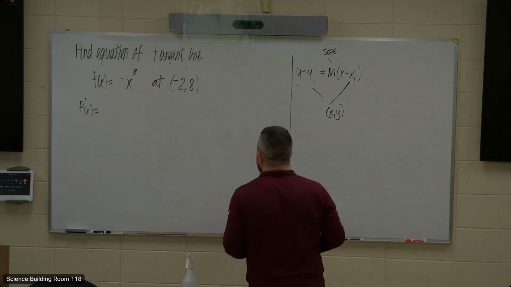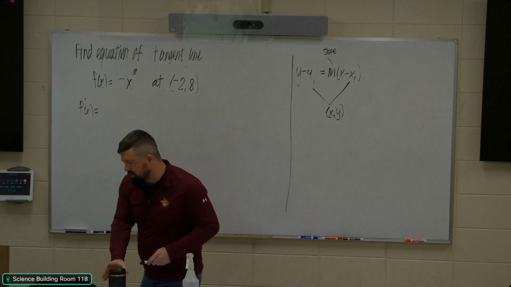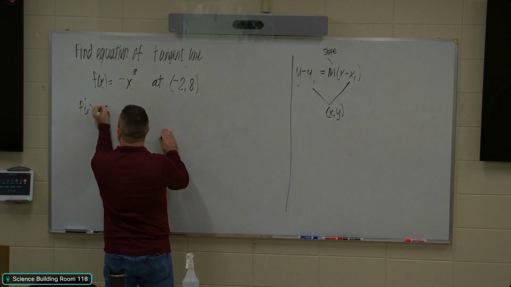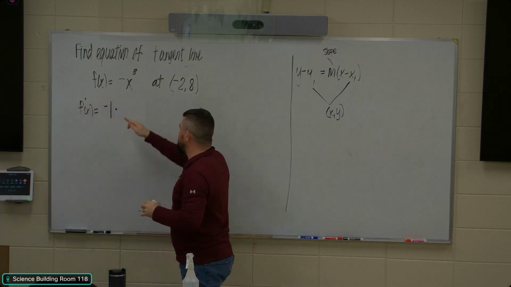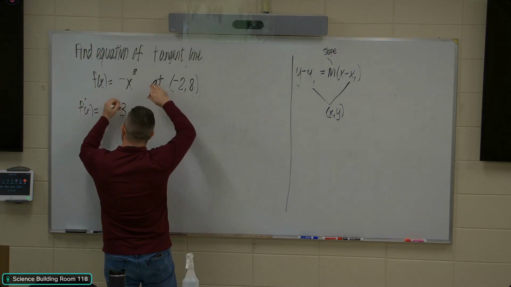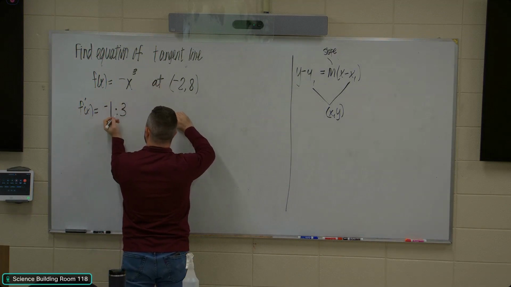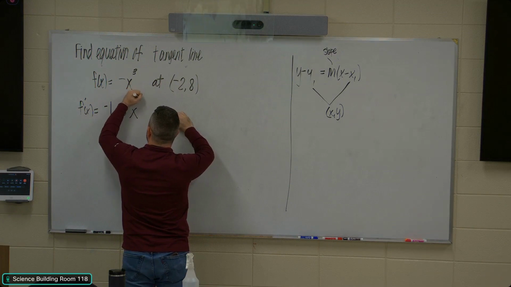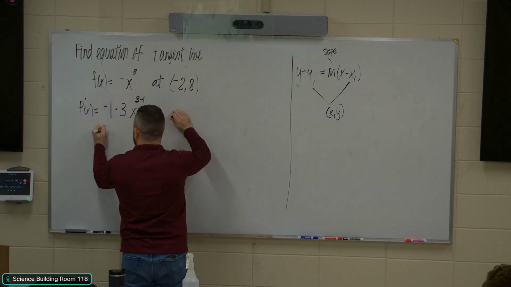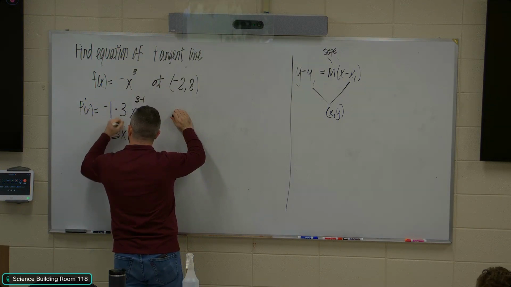Okay, so the derivative of negative x cubed. Remember, you have the negative 1 out front, that constant. So we just copy it, bring the power 3 down to the front. So you're saying negative 1 times 3, your variable, raised to the power of 3 minus 1. So that derivative is negative 3x squared.